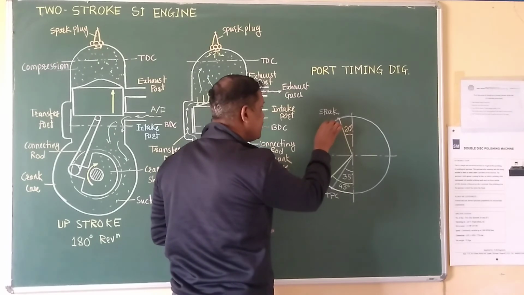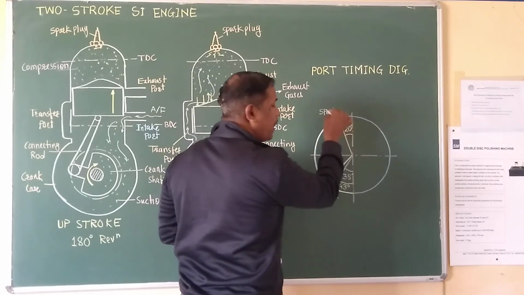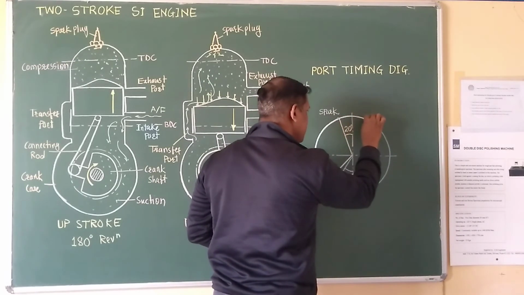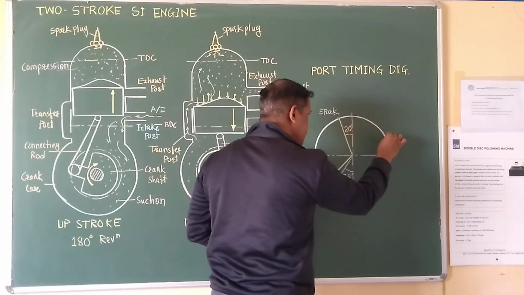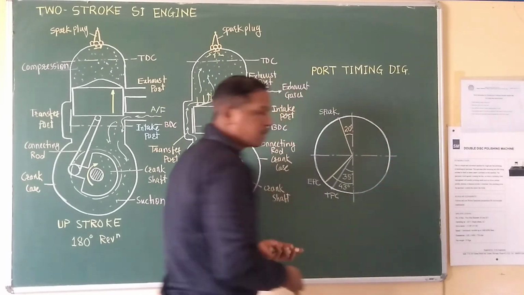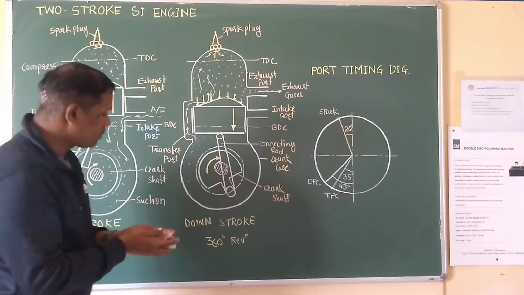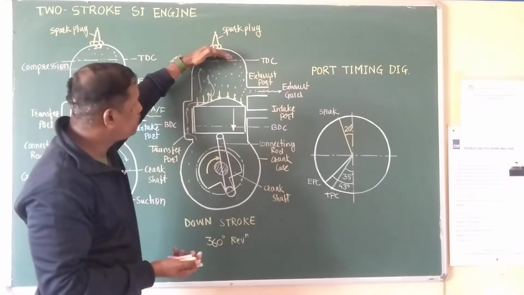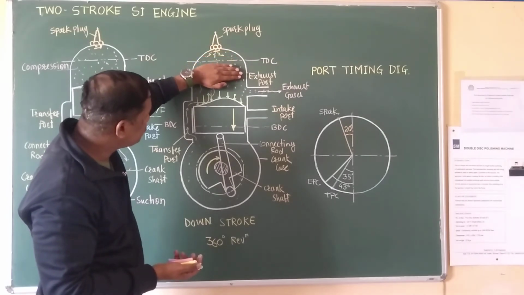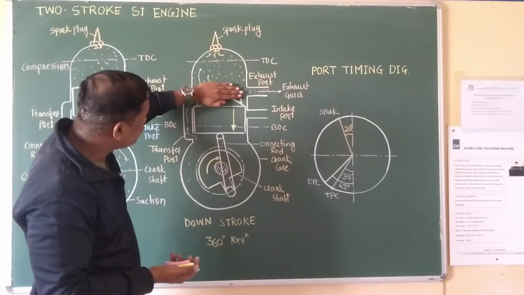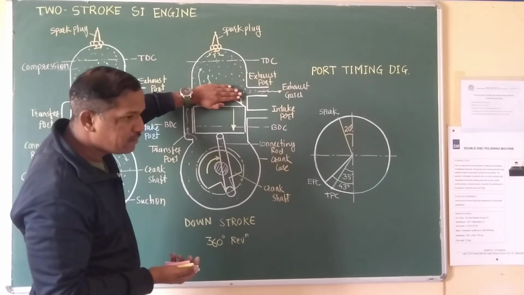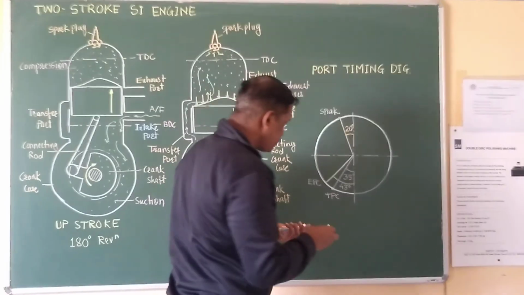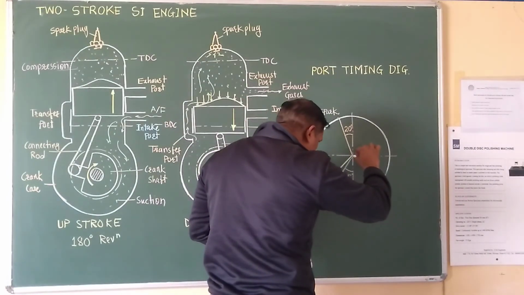So this is the point where we obtain transfer port close. Then with further movement, about 43 or 45 degrees, the exhaust port gets closed. So we will draw about 43 degrees. This is exhaust port close.